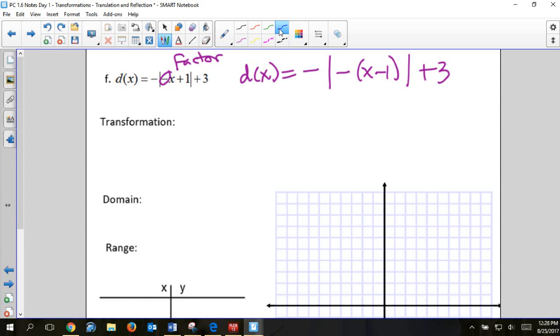So this means that transformation-wise, do we have any reflections? Where do we reflect? Y-axis and x-axis. We got both of them.